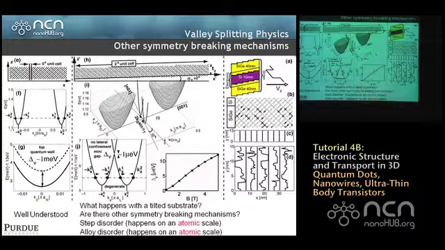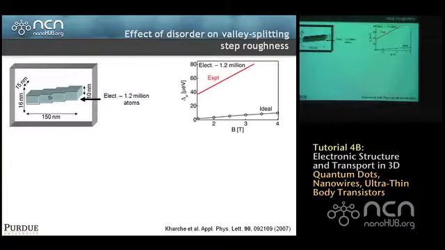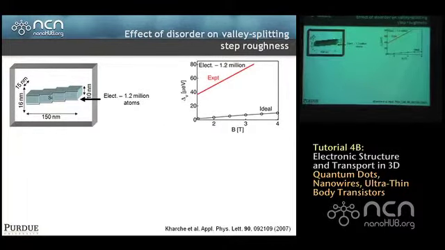All right, so let's figure out what the step order does at the atomic scale and what the alloy disorder does at the atomic scale. All right, so here's one experiment that I told you about. We take a quantum well, make it perfectly slanted at 2 degrees, and have an infinite wall, no silicon germanium. That's a 1.2 million atom electronic structure calculation. It gives us this result. No good.